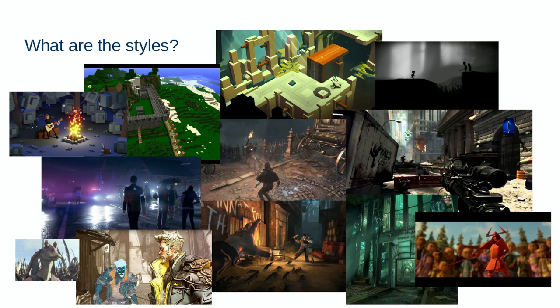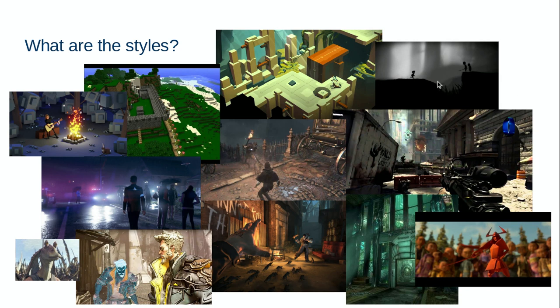When it comes to style, we're talking here about art style mainly rather than narrative style or gameplay style. It's the 3D assets, the 3D models that we're thinking about here. So when it comes to games, there are so many different art styles that I ran out of space on the slide.